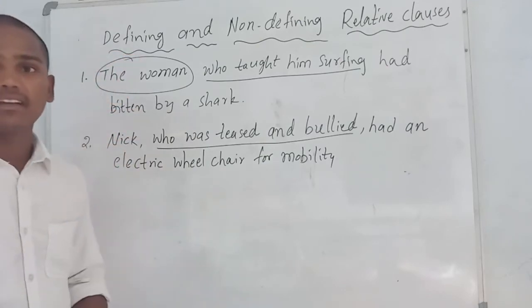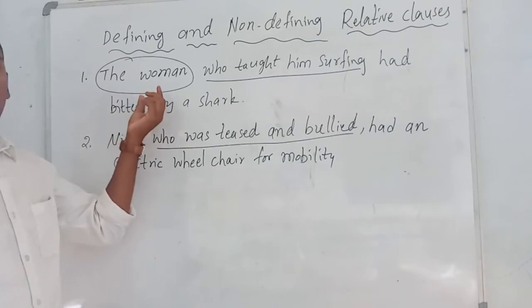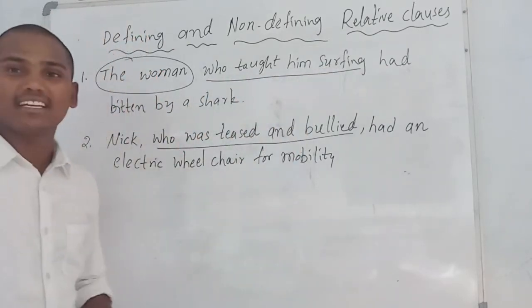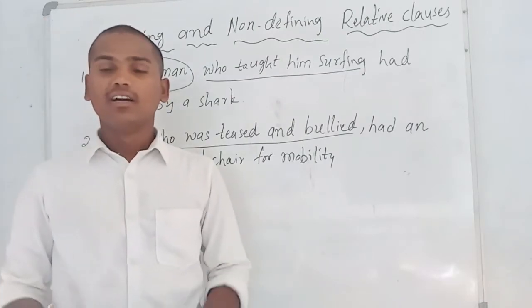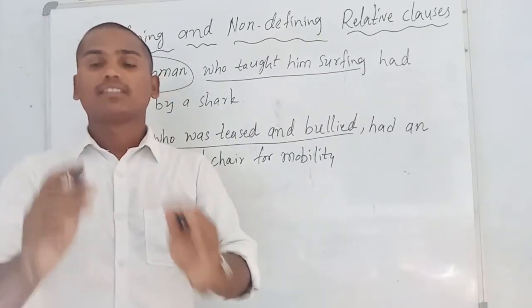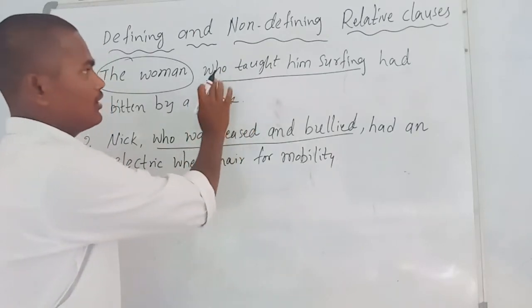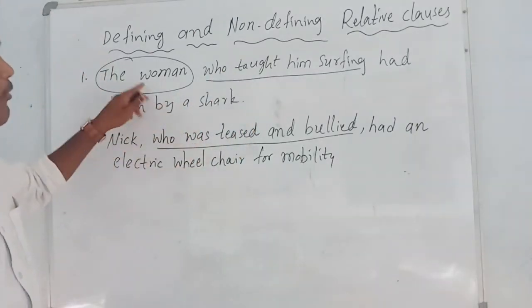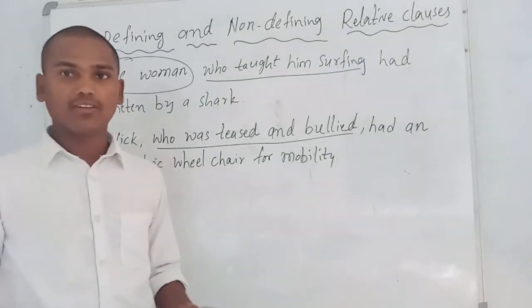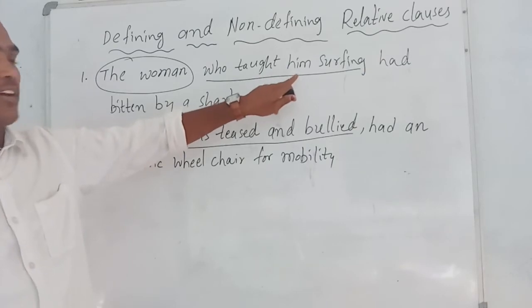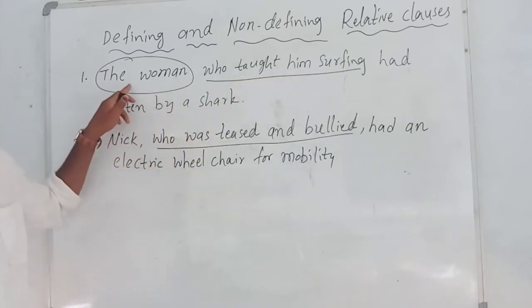So who is giving identity to the woman in the sentence? Who taught him surfing? Basically, Nick learned surfing from someone. So who is that? Because of these words, who taught him surfing, the woman is getting identity. If we don't have this, there is no identity of this woman.